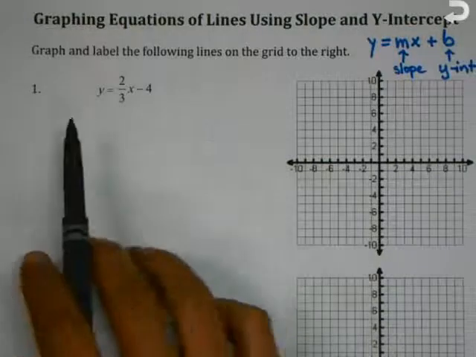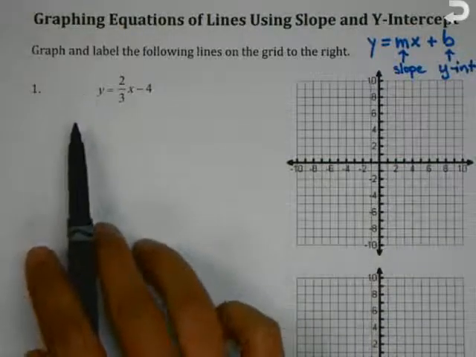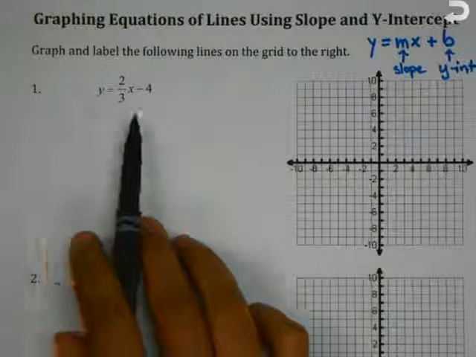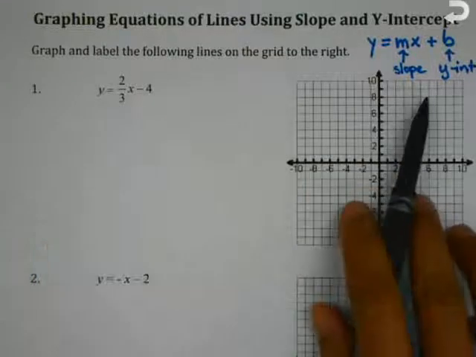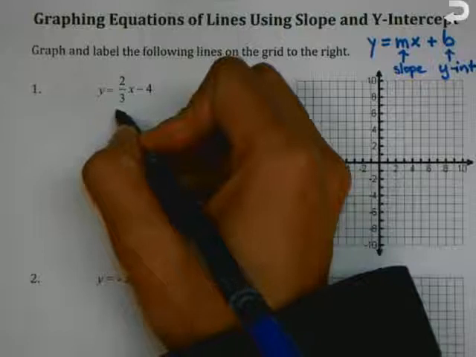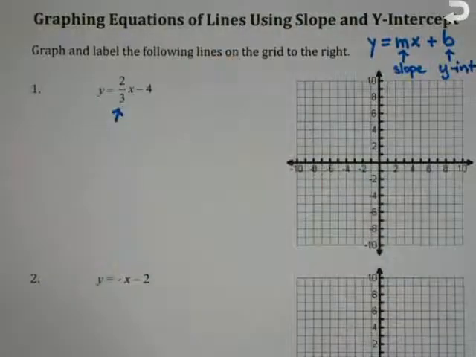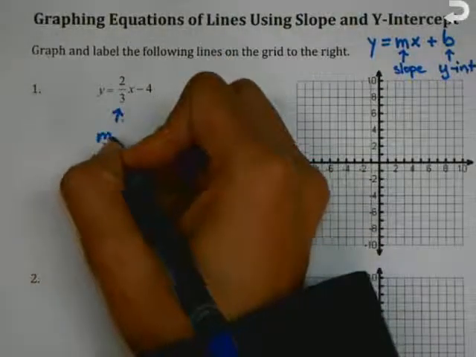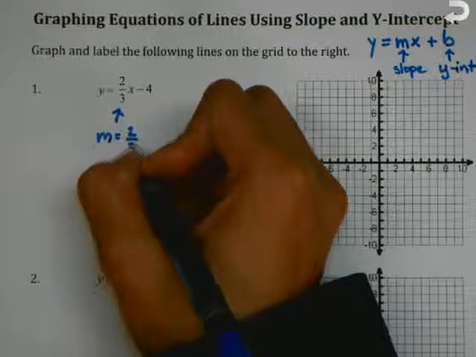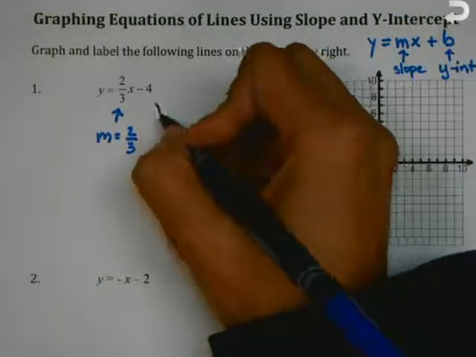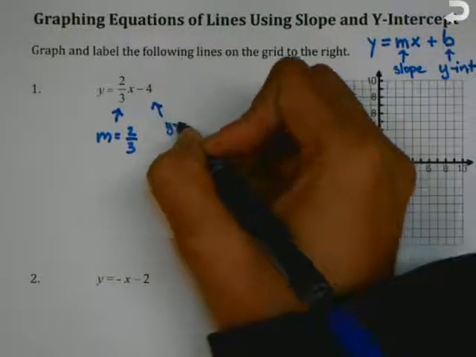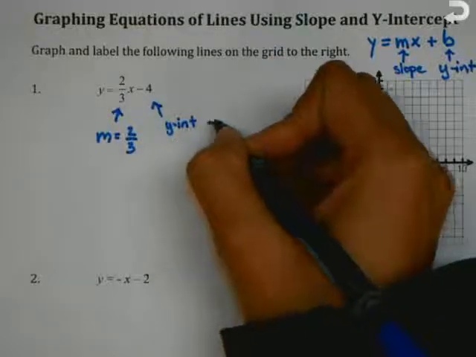Okay, so we look at this equation here, equation 1, y equals 2/3 x minus 4. This is of this form. Our slope, the number in front of x, the coefficient, is 2/3. And our y-intercept is -4.